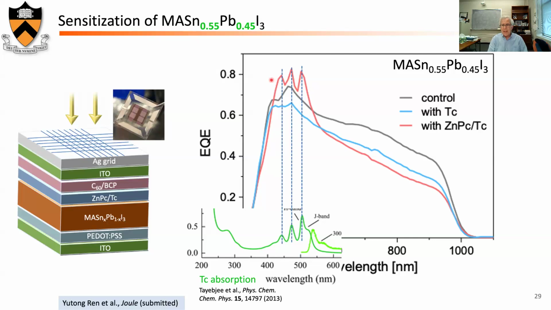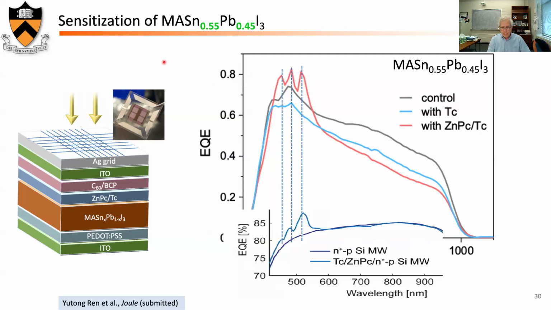So there is no doubt that we're getting the benefit of the triplet formation in the tetrazine through the zinc PC into the perovskite. And these also align quite well with the three peaks that you saw on the silicon. So clearly the same process is taking place here.